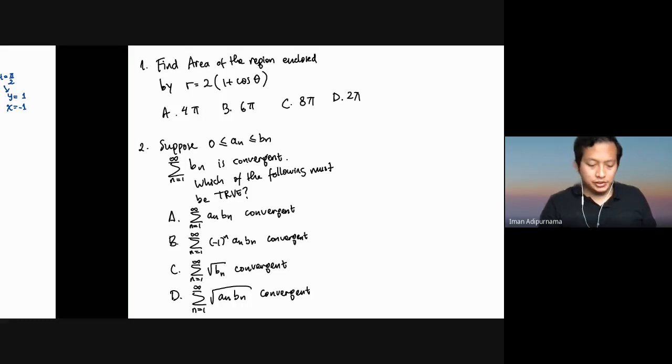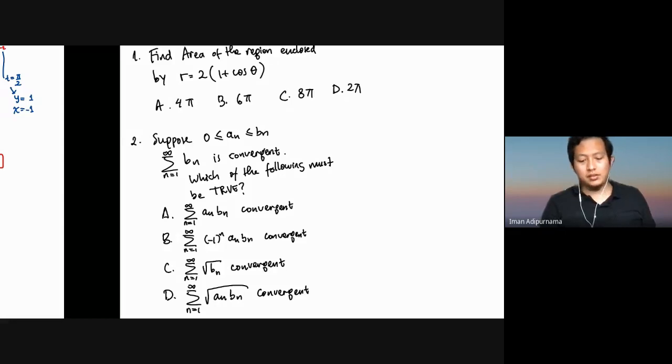The second question is actually asking what must be true: in any case, for any a_n or b_n, all these options should be true, and you need to choose which one. I think more than one; the answer is more than one.